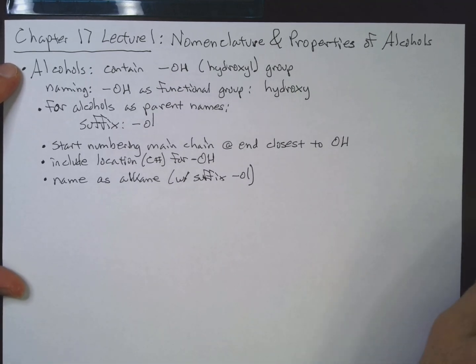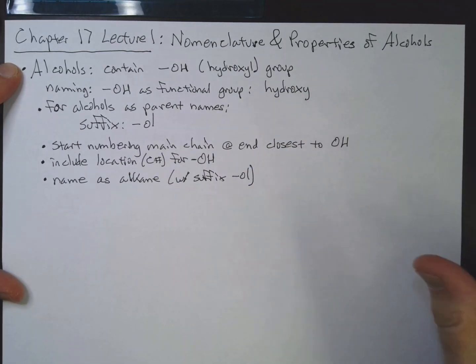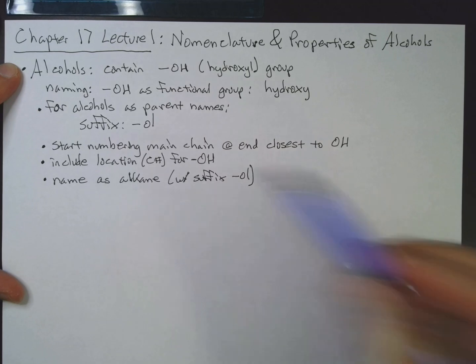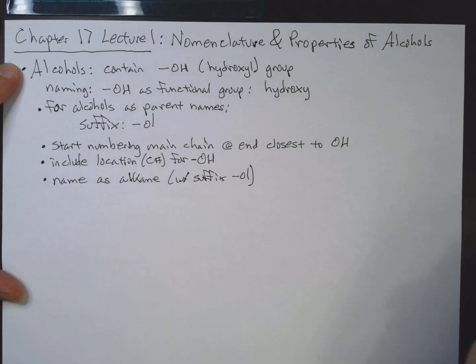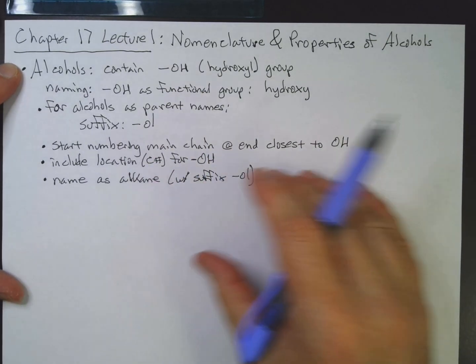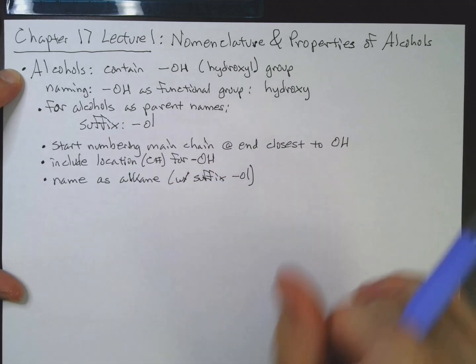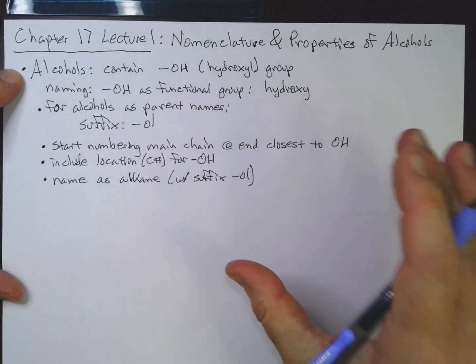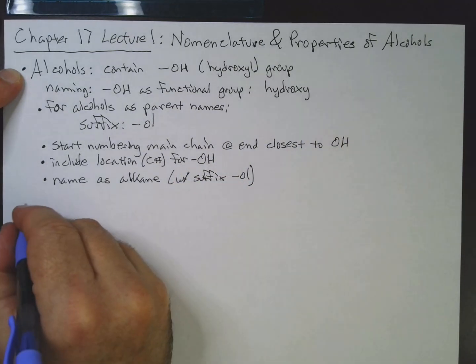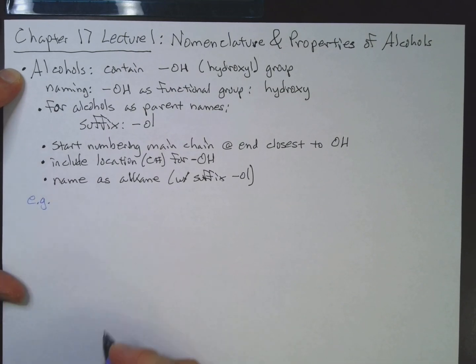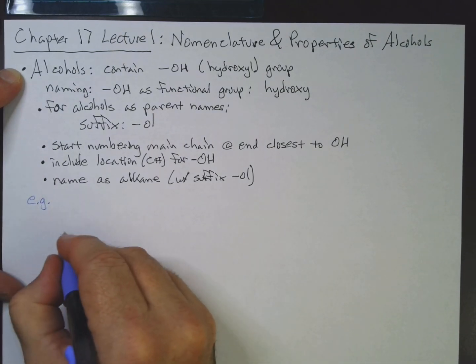So we can look at some examples here, and that's really the best way is to look at examples. The other naming conventions are the same as what we've done before in terms of naming substituents. So let's look at some examples here.